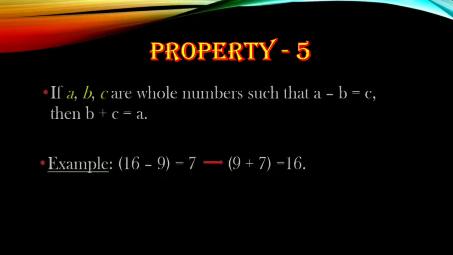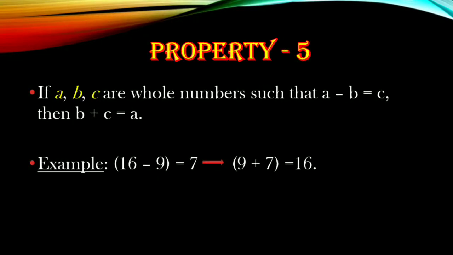The next property is that if a, b, c are whole numbers such that b subtracted from a is equal to c, then b added to c gives a. All three are whole numbers. Let us take an example. If we subtract 9 from 16, 9 and 16 both are whole numbers, we get the difference 7.